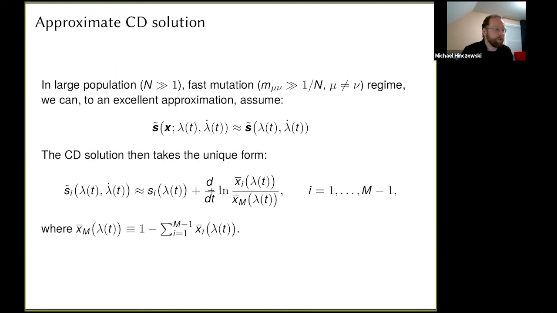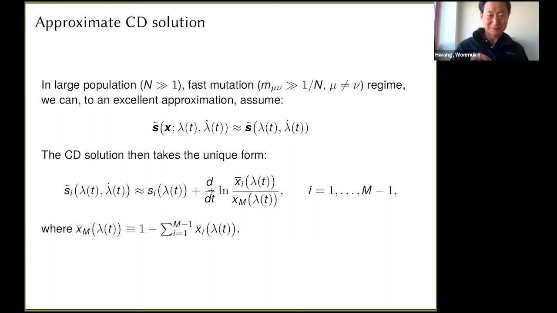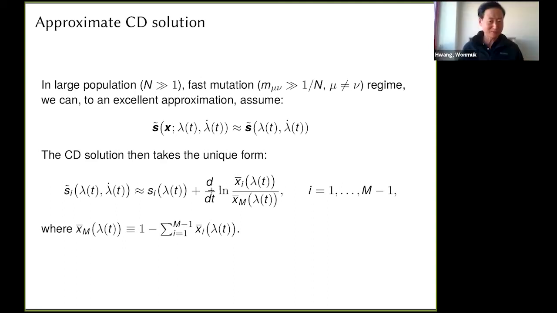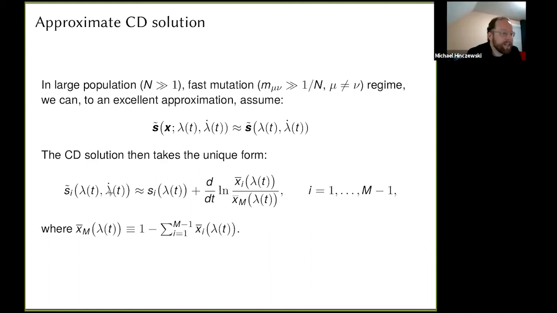Now, if this approximation doesn't, yeah. Can I ask a question? Yeah, sure. So here summations are up to m-1, while there are m genotypes. So is there any kind of constraint or normalization condition? Yeah, so it's just the way that the S's are defined. Because the S's are defined relative to the wild type, you can think of S_m as being 0.